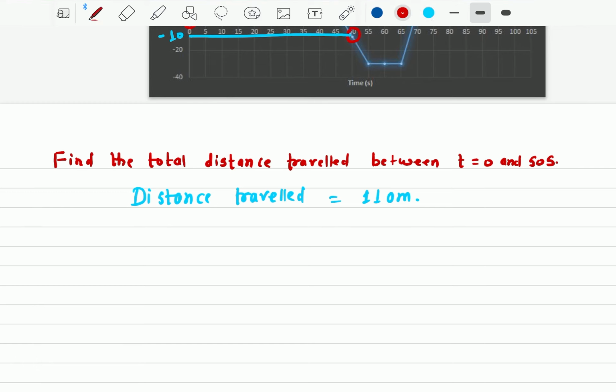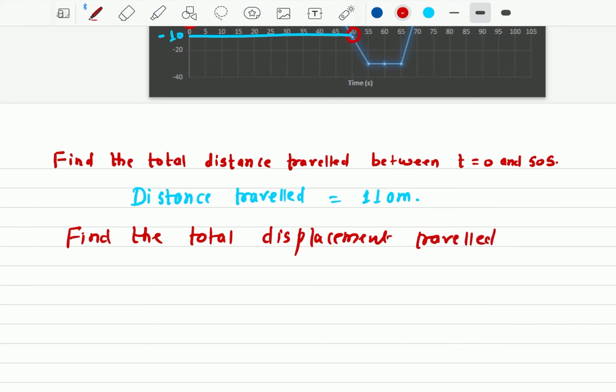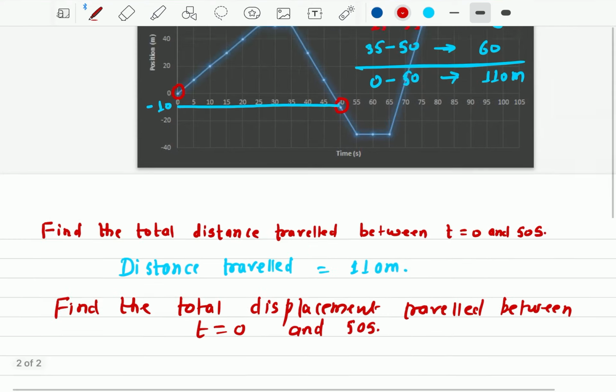Now we found the distance. Let's calculate the displacement. Let's find the total displacement between time equal to 0 and 50 seconds.